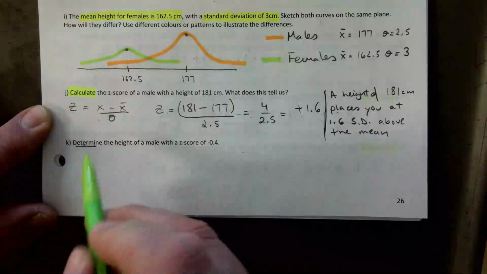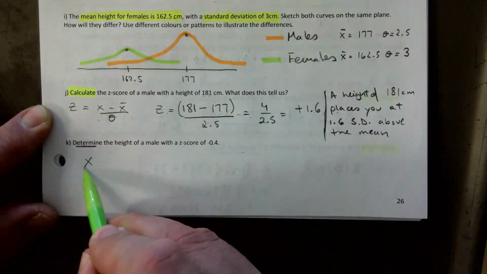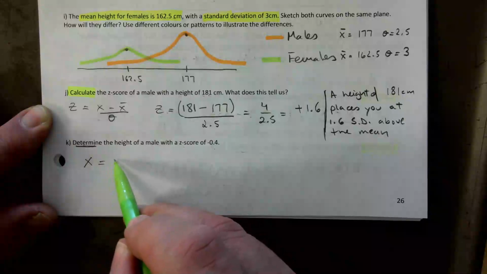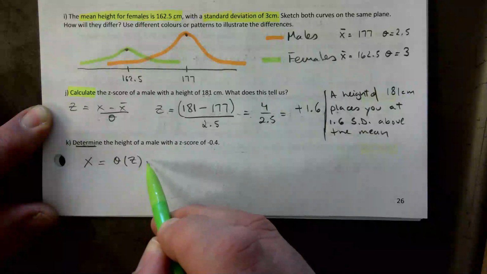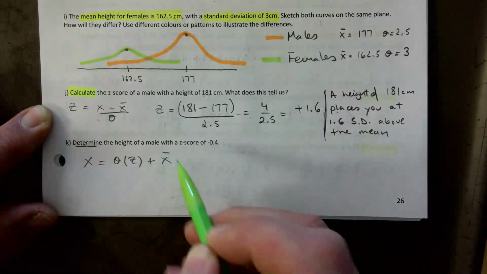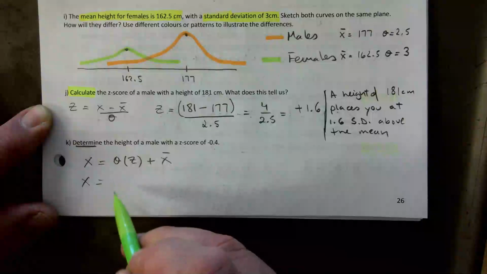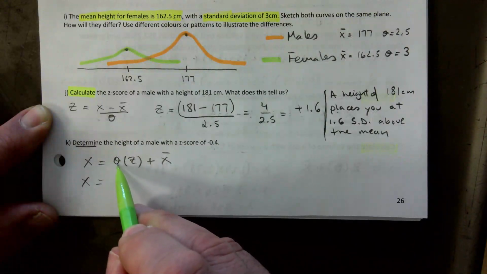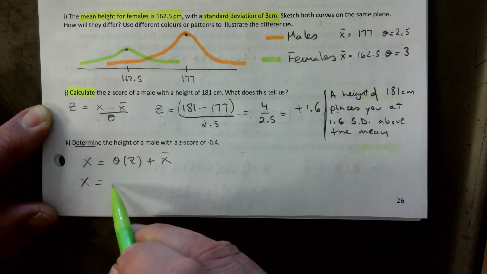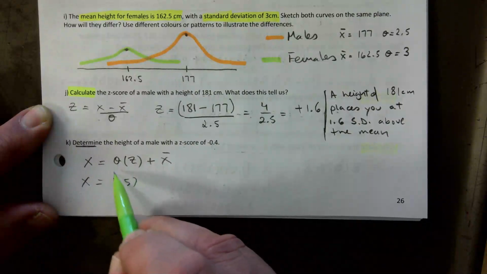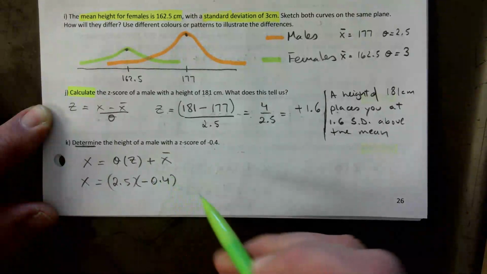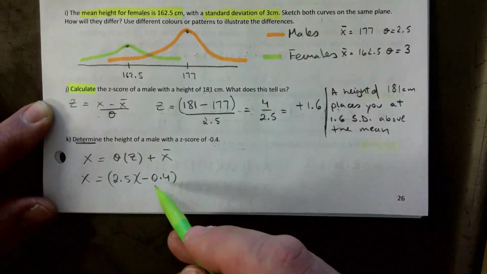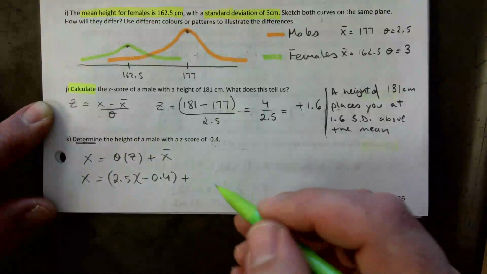Okay. Determine the height of a male with a z-score of negative 0.4. So determine. So you want the height. So that's x is equal to standard deviation times z plus mean. And this is your standard deviation, which we know is 2.5. The z-score is negative 0.4. So make sure you write this down. There is a negative there, so you need to be aware of that.